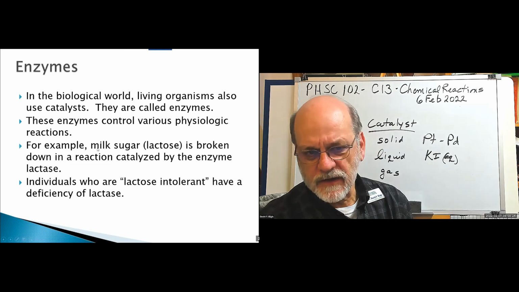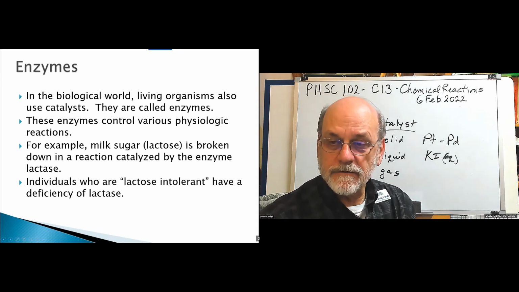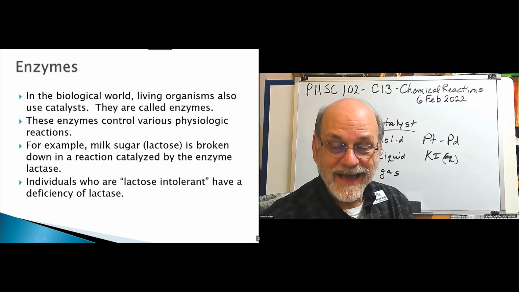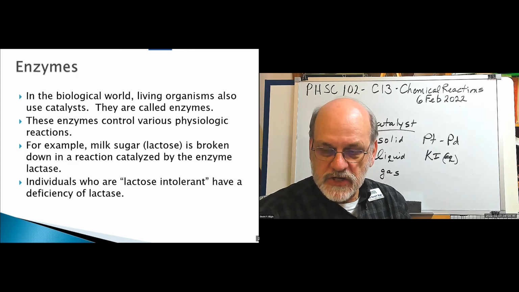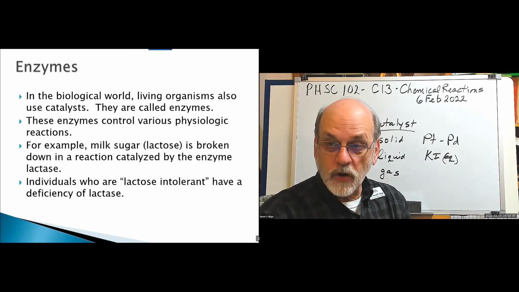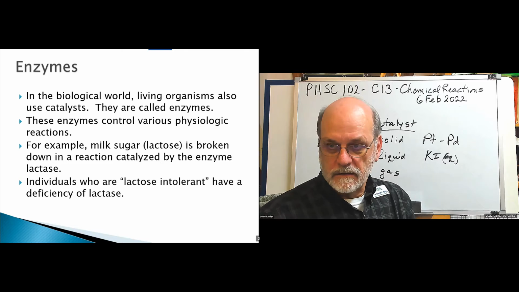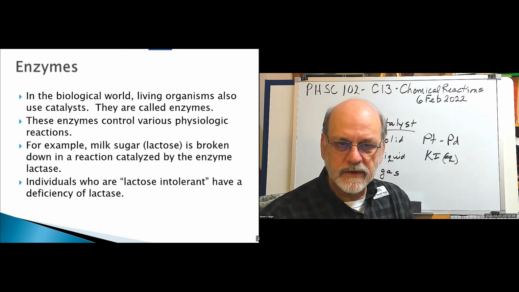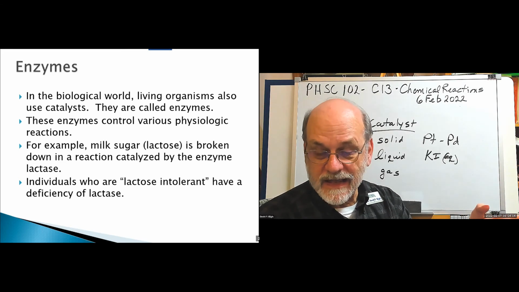So in this case, their example here, milk sugar, lactose, is broken down in reactions that are catalyzed by the enzyme lactase. If you as an individual do not produce lactase in your upper GI to break down the lactose, then the lactose will go through your system into your lower gut, and down there, flora and fauna, microorganisms, bacteria usually, inhabiting your gut, produce their lactase.